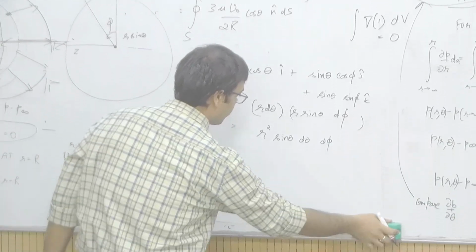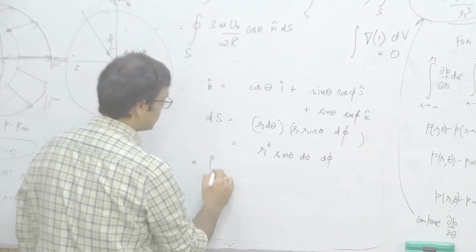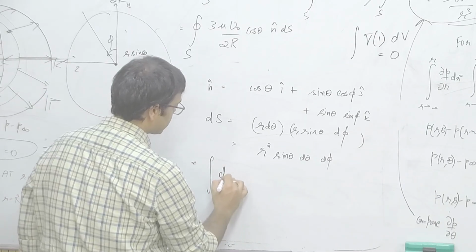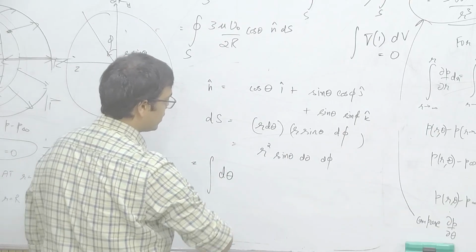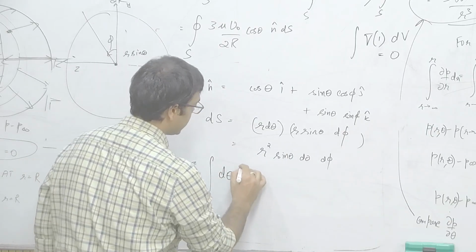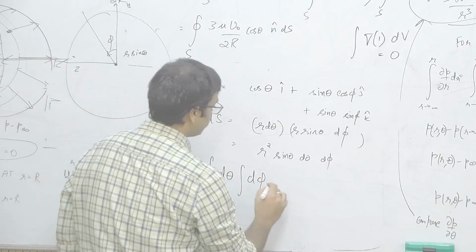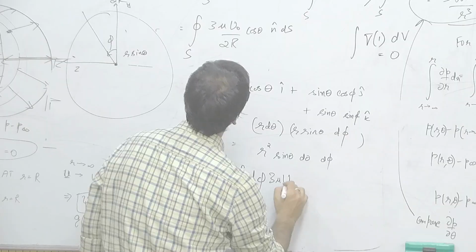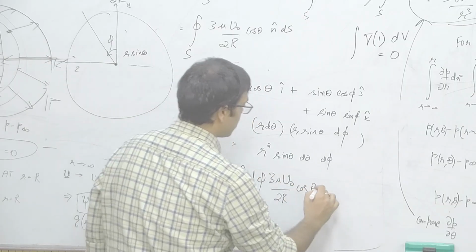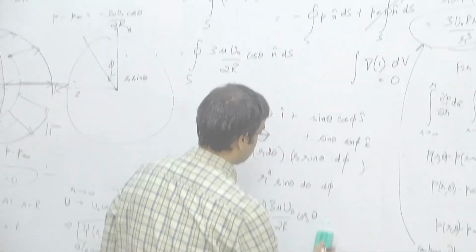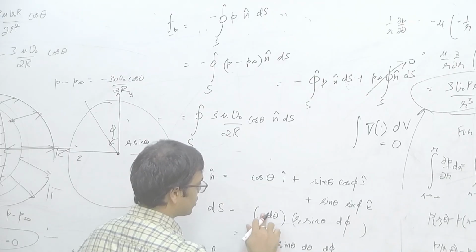A very nice way to avoid confusion on which one has the limits is to write the integral like this. Instead of writing the differentials at the end, you should write the differentials right after their corresponding integral sign, and then things never get confusing. So you have 3 mu u naught over 2r cos theta, and then we have an r square, or rather this r will be capital R, because we are on the spherical surface, so r is constant.